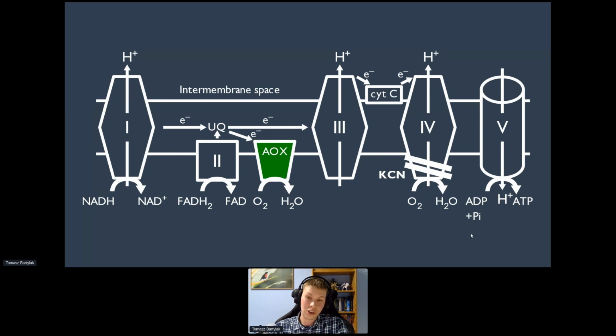Of crucial interest for me is this AOX, because as I told you, it creates a bypass for this respiratory chain. So it would be like plugging a hole. We'll see if adding an inhibitor of this complex as well will finally kill those animals, or maybe they will still survive, and that would also be a very interesting situation.